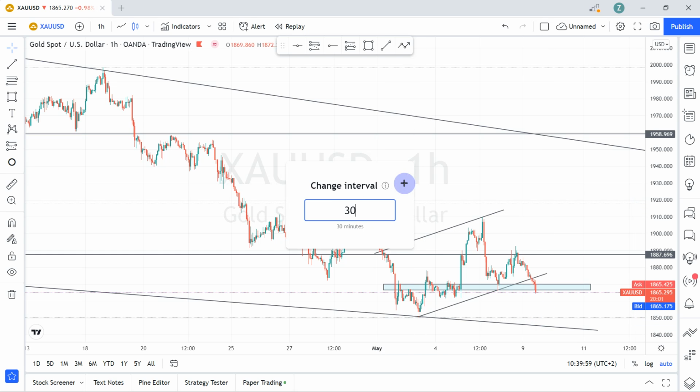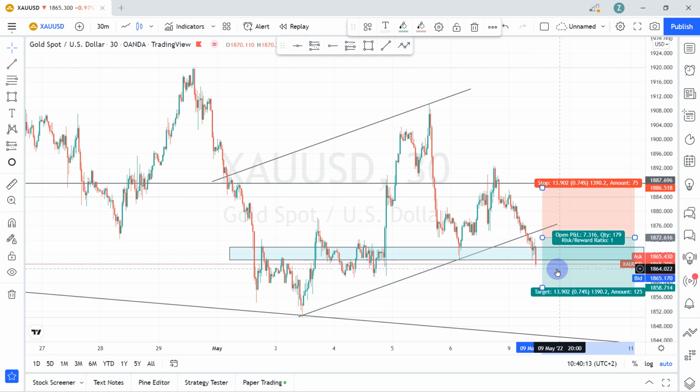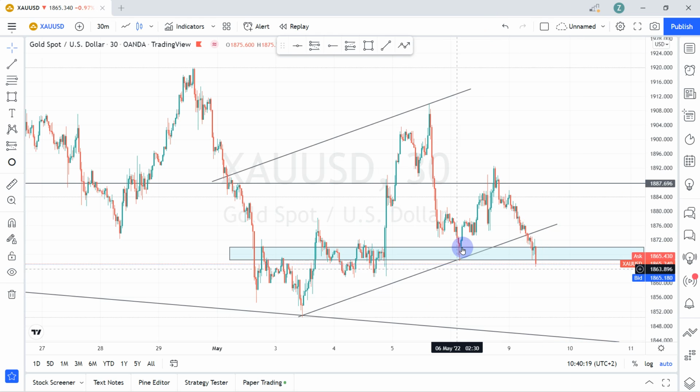So moving on to the 30-minute time frame, I would have waited for a retest where the market broke out, but my second scenario is that if the market doesn't retest where it broke out, then it would push to the downside and retest my previous zone, which is this support and resistance zone here.